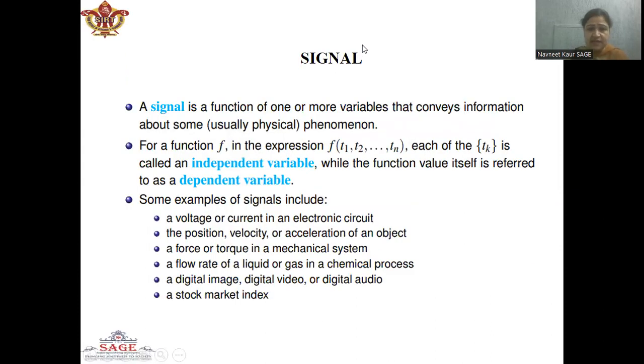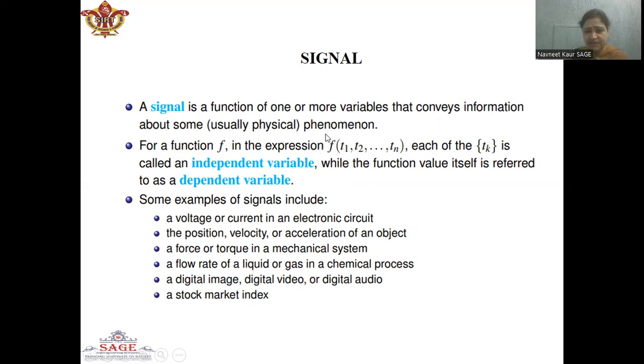Now, first I'll start with what is a signal. A signal is a function of one or more independent variables, and the signal conveys some information. Any signal or function can be written in the expression f(t1, t2, ..., tn), where each of the time variables t1 to tn is called an independent variable, because the function depends on their values.